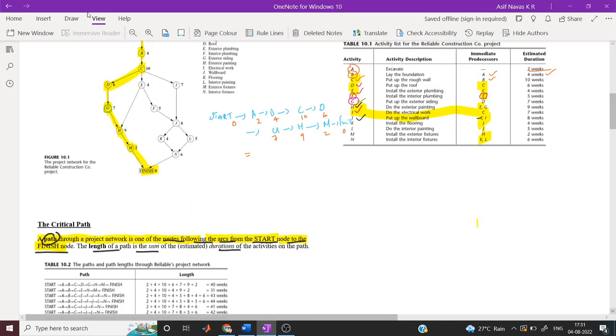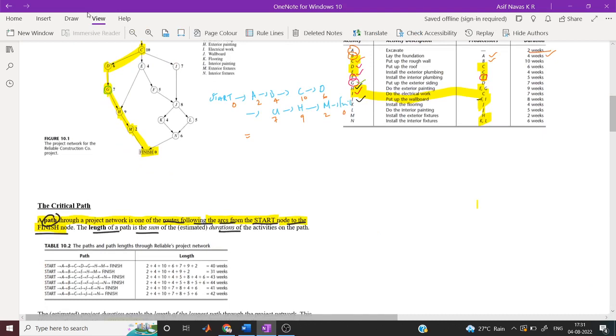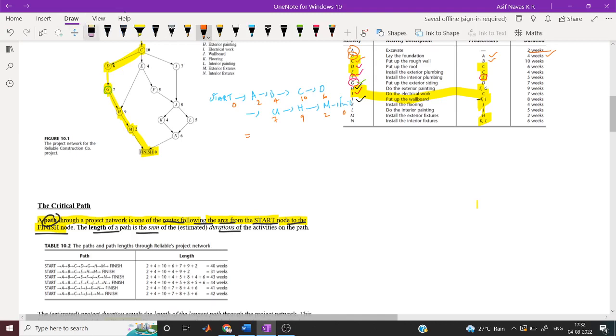A, B, C, D, G, H, M, finish. So that is 40 weeks.